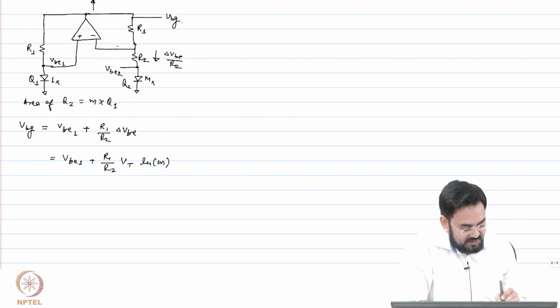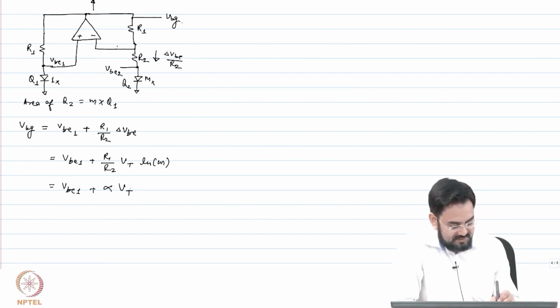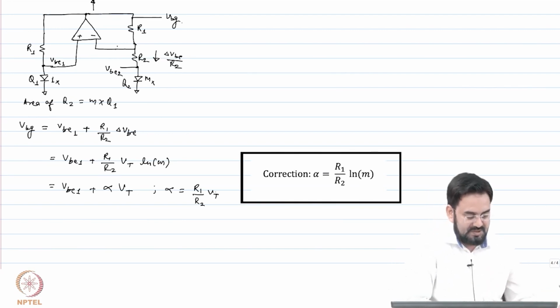Now, what is your K factor, R1 by R2? I can define this as VBG equals VB1 plus alpha VT, where alpha is R1 by R2 into VT. And what is the condition for band gap?